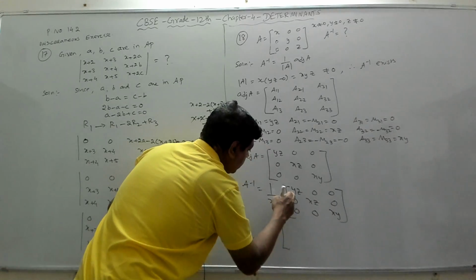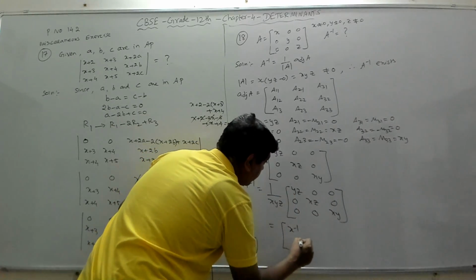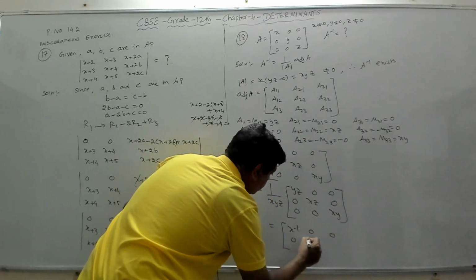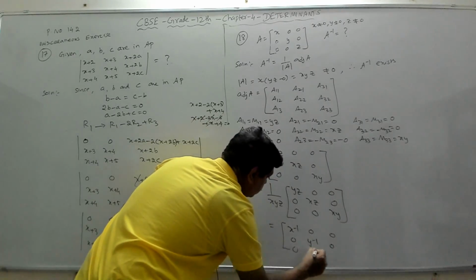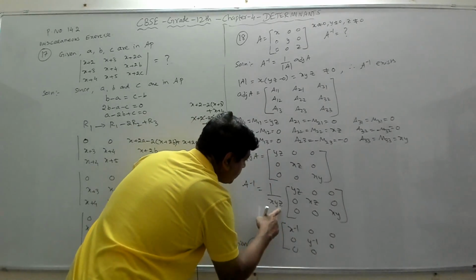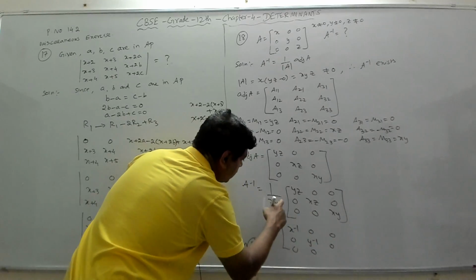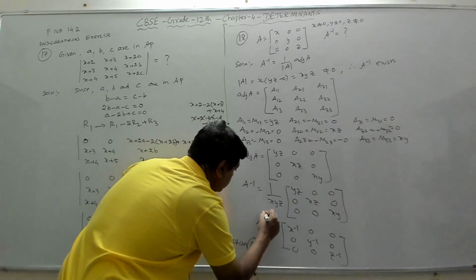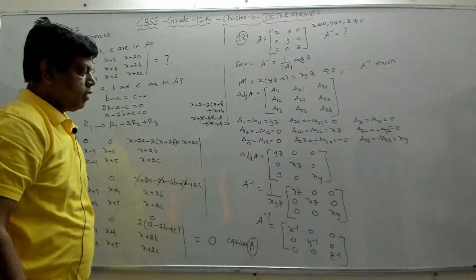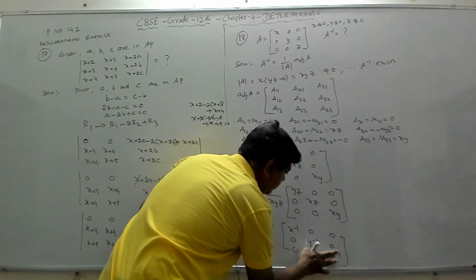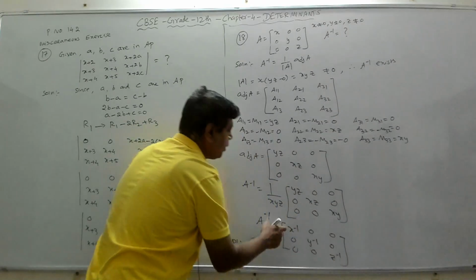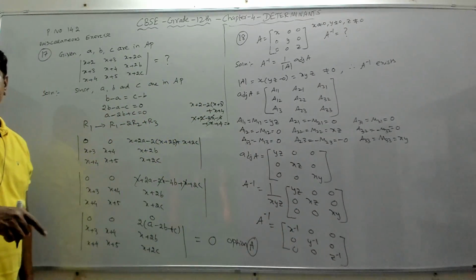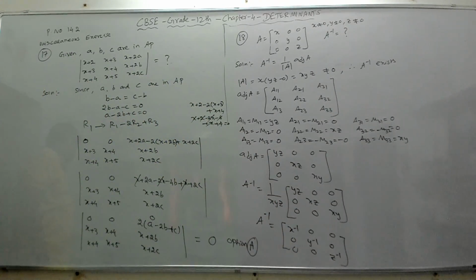Then y power minus 1, and xy by xyz, where xy gets cancelled, gives 1 by z, which is z power minus 1. So A inverse is x power minus 1, 0, 0; 0, y power minus 1, 0; 0, 0, z power minus 1.